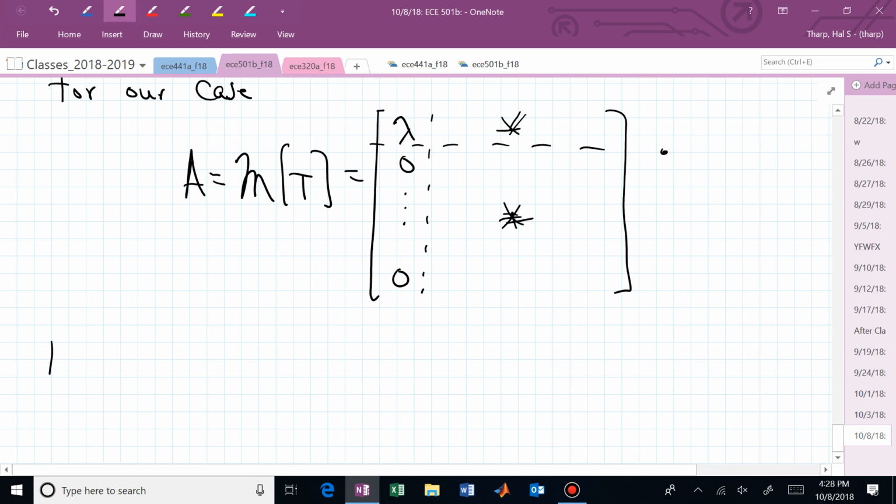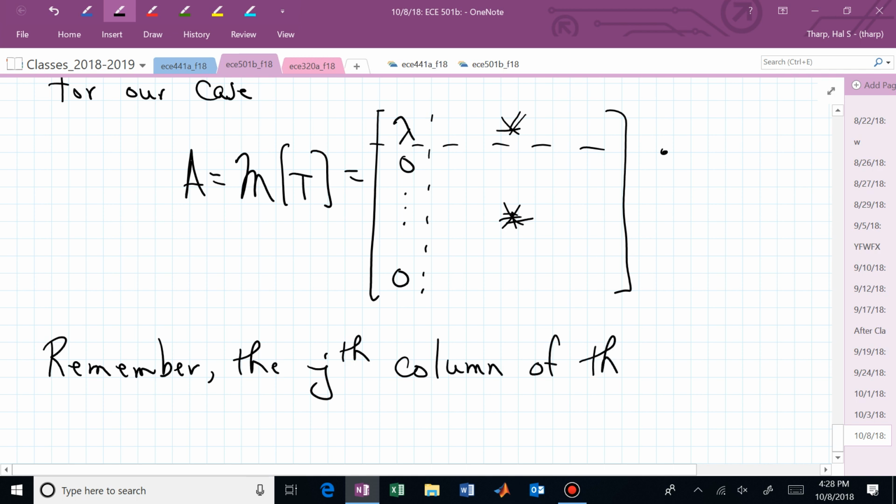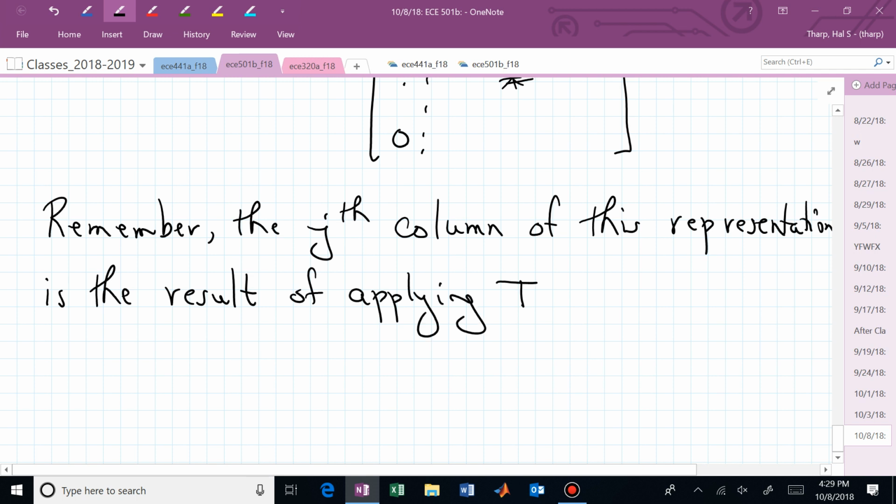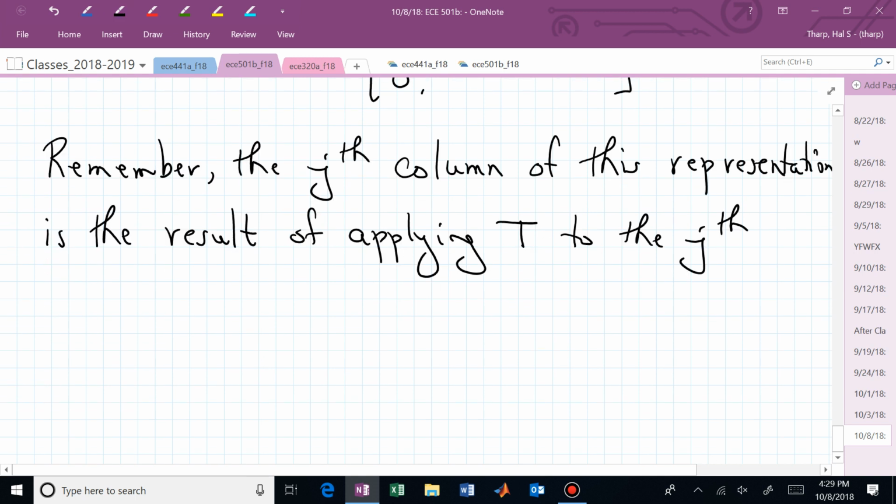If this is not making any sense, let's just remember, in general, the jth column of this representation is the result of applying T, the linear operator, to the jth basis vector.